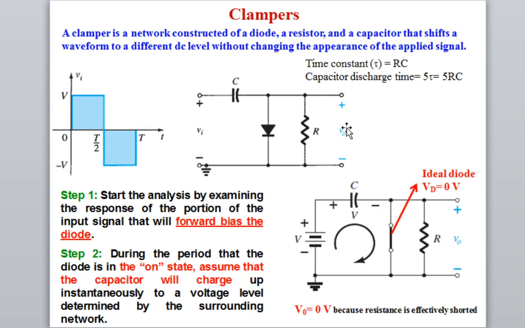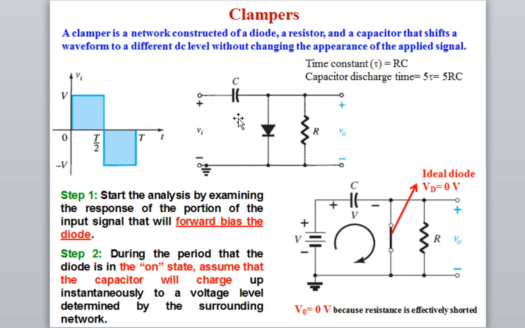In order to do that, you have to choose the values of capacitor and resistance such that the time constant tau, that is R into C, is much greater than the time interval of the diode when it is in reverse bias. Therefore the capacitor can maintain a voltage across the output. Throughout the analysis of the clamper circuit, two important assumptions will be made.